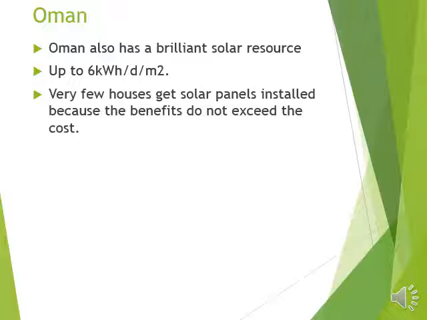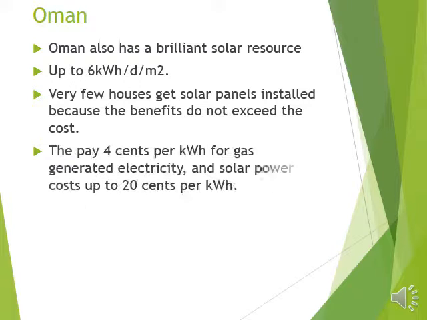However, very few houses currently get solar panels installed. This was back in 2016 because the benefits did not exceed the cost. For electricity from the mains grid that was generated from gas generation, you were paying about 4 cents per kilowatt hour.